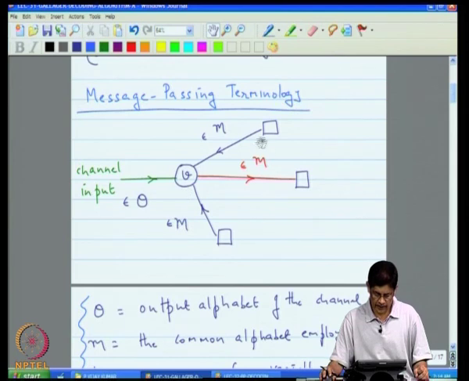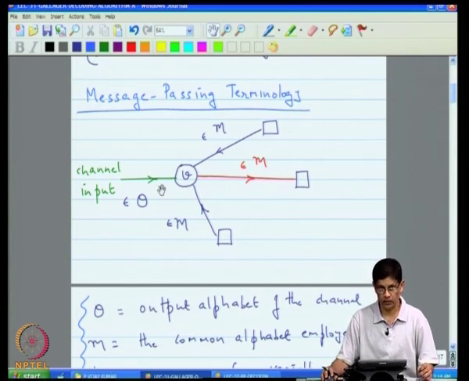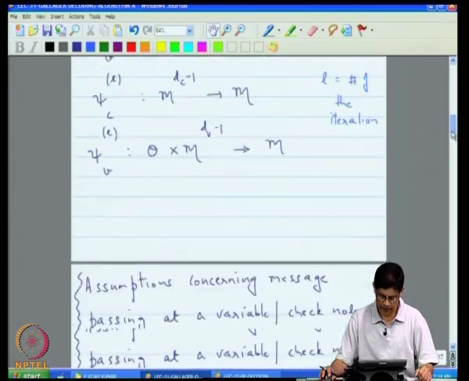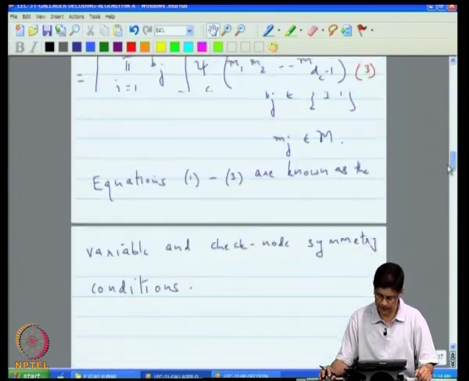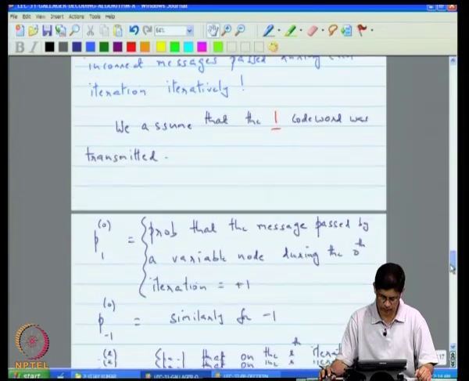Now, how correct or incorrect is that? The channel being binary symmetric, the probability that it feeds an incorrect message to this node is epsilon. So the probability of an incorrect outgoing message is epsilon, and of a correct one is 1 minus epsilon. That in some sense kick starts the density evolution process.